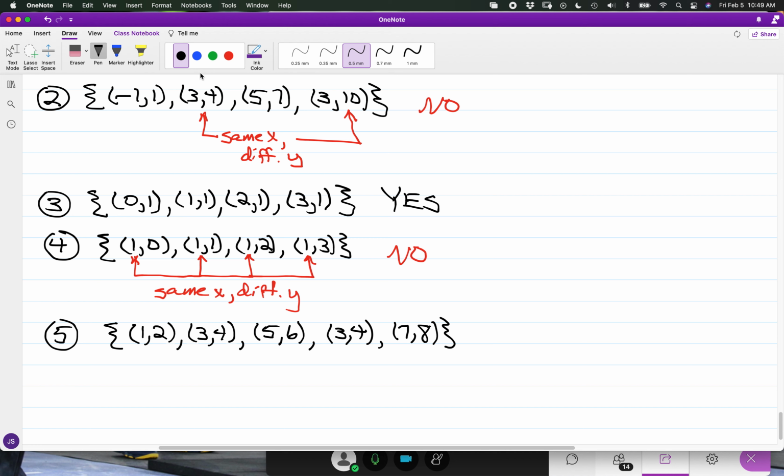Now in the case of 3, 3 is paired up with 4, and 3 is still going to be paired up with 4.